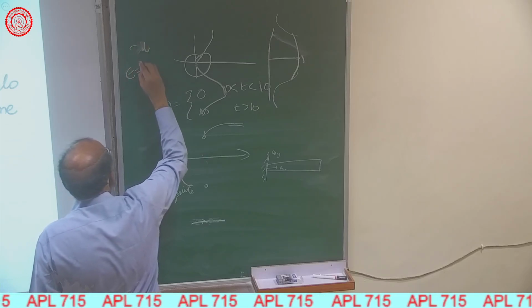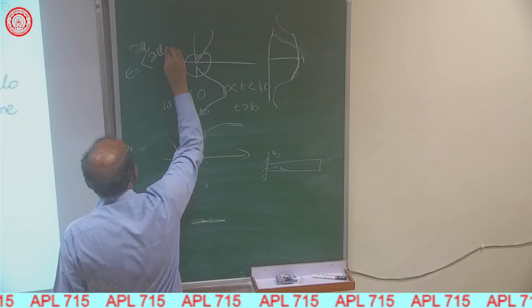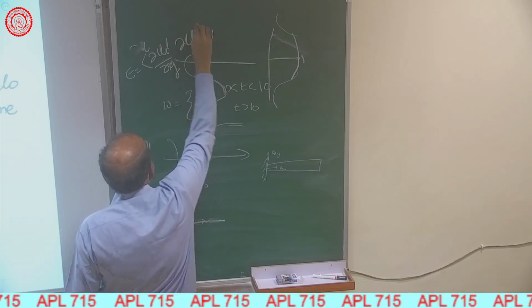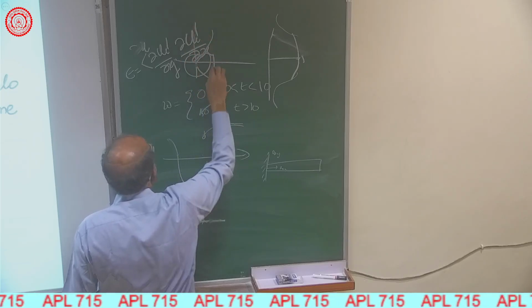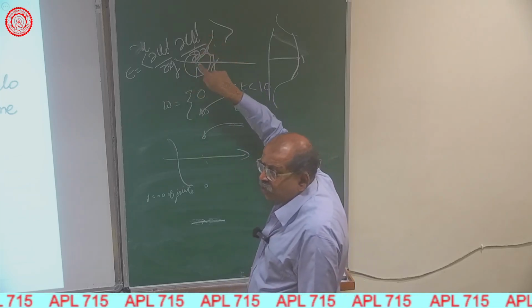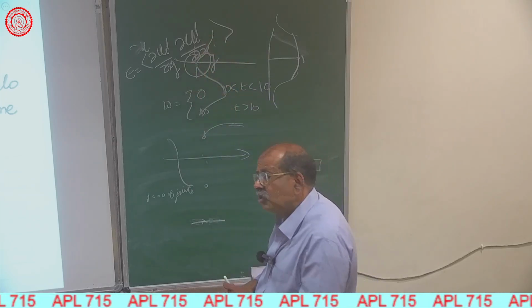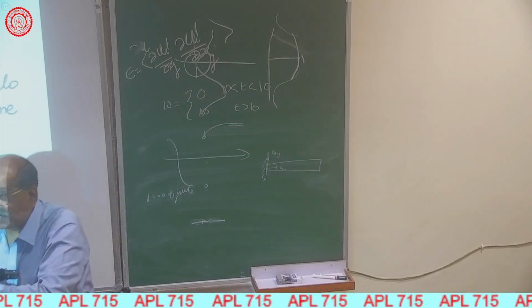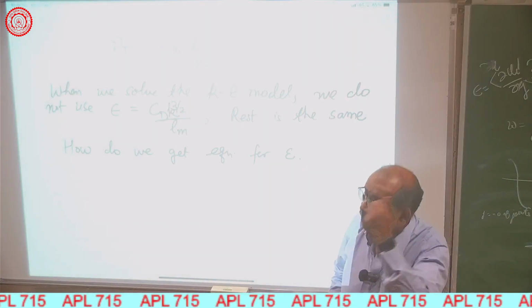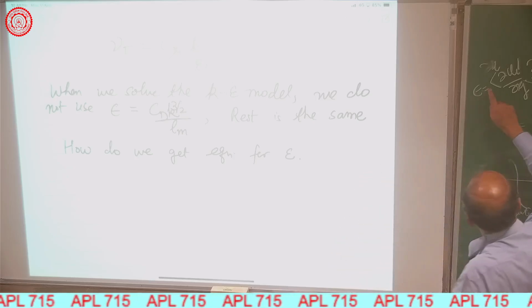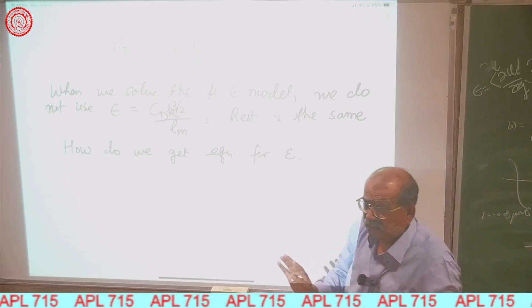Epsilon was related to this: mean of du_i' by dx_j, du_i' by dx_j. So I can write an equation for du_i' by dx_j multiplied by u_i' or u_j', and then from there I can get an equation for epsilon.